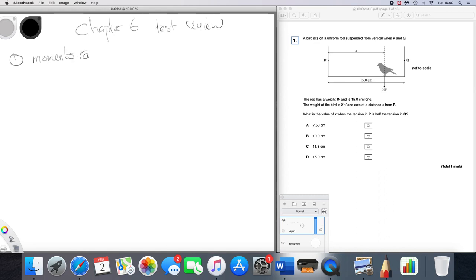Let's take P. So we have got 2W times x going clockwise, and we would have W, the weight of the rod, acting at 7.5 centimeters because it is a uniform rod, so the center of mass will be in the middle, so W will act here. So there's our clockwise, and that will equal Q times 15.